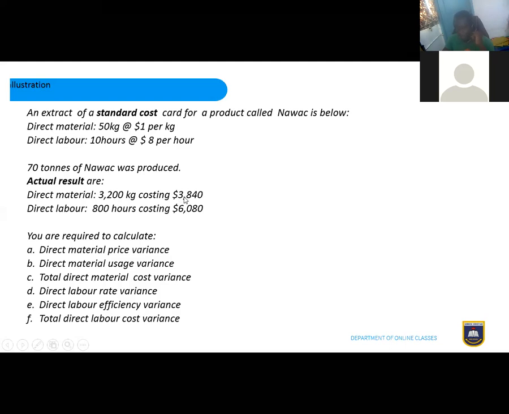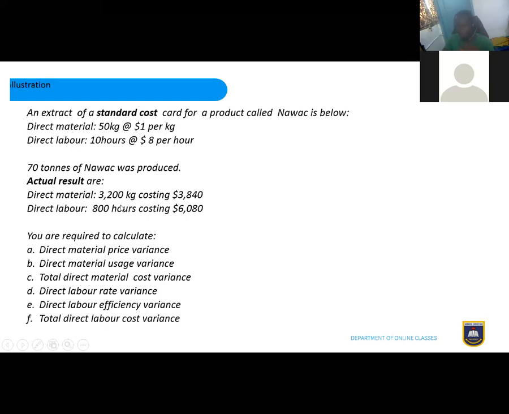$3,840. Bear in mind, this is the total cost of the 3,200 kg. That is why they said 3,200 kilograms costing $3,840. Here, they only give us what? The unit cost, that's the cost per one, where they said direct material 50 kilograms at $1 per kilogram.